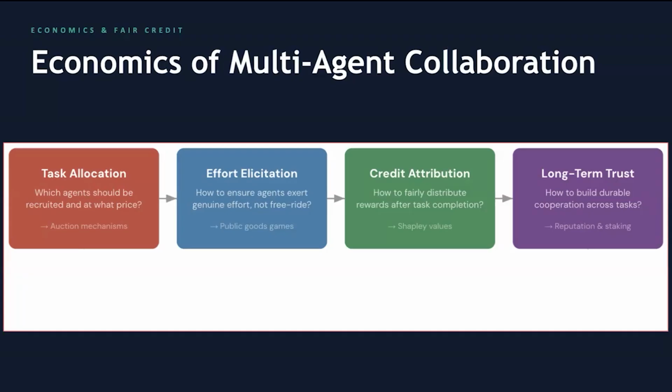Staking is a way of discouraging free riding and helping solve the cold start problem. And then, of course, once you get that reputation, that forms the information that will contribute to the subsequent rounds of collaboration.